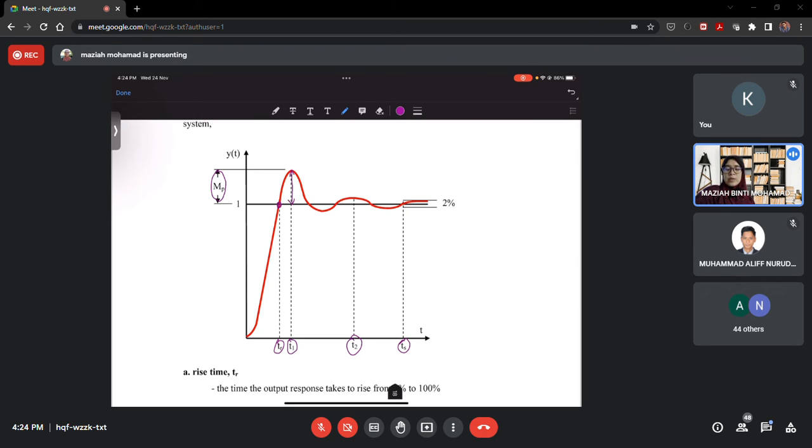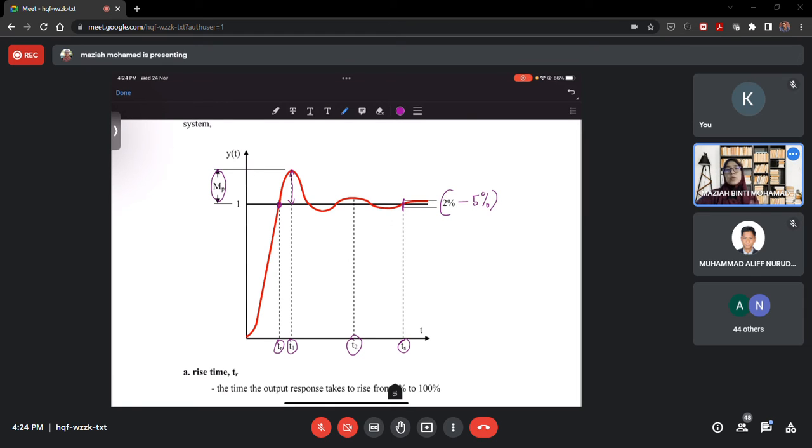The final value is considered within the 2% range you can see here, which defines the final value. Some use 2%, but 3, 4, and 5% are also used. For example, if the final value is 1, then 2% is 0.9 and 1.1.